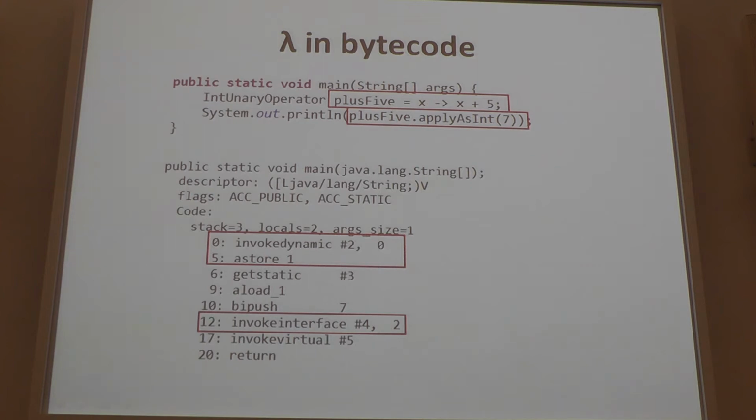And another important thing here is the invocation of the method applyAsInt, and that's the standard instruction invokeinterface that is in Java from the beginning. So the interesting thing here is this invokedynamic instruction.